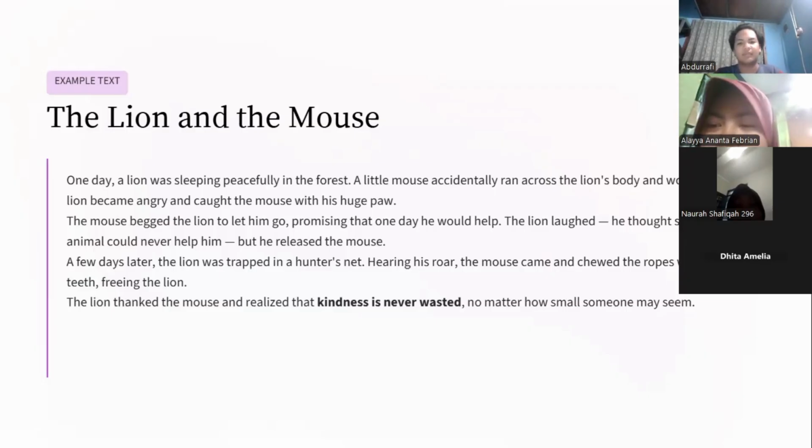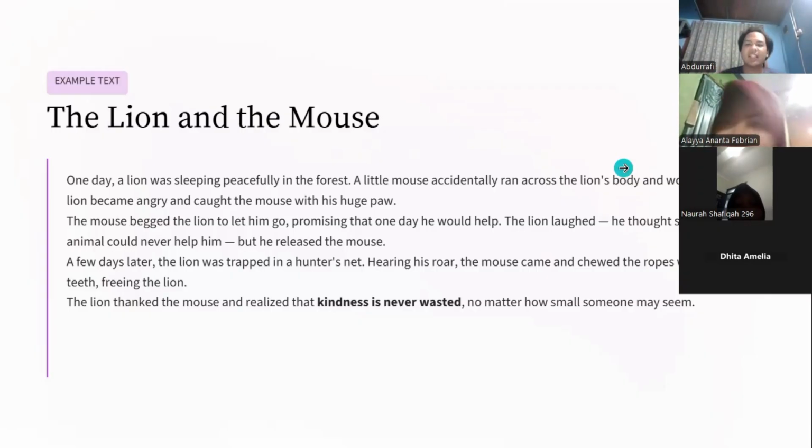He thought such small animal could never help him, but he released the mouse. A few days later, the lion was trapped in a hunter's net. Hearing his roar, the mouse came and chewed the rope with his sharp teeth, freeing the lion. The lion thanked the mouse and realized that kindness is never wasted, no matter how small someone may seem.